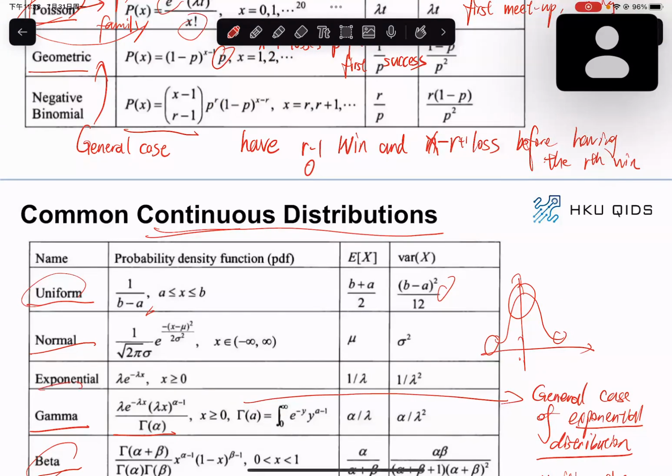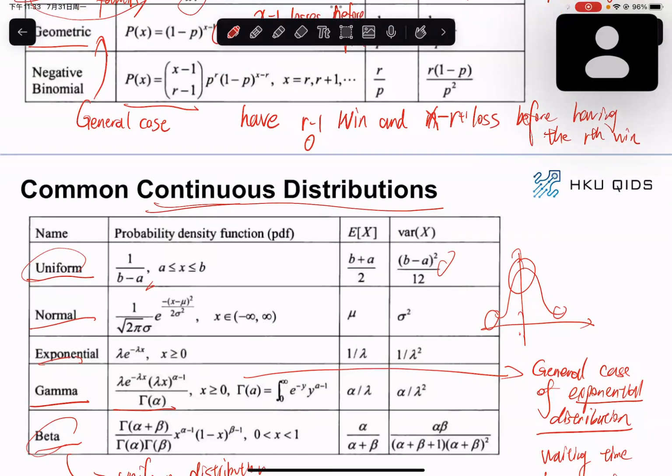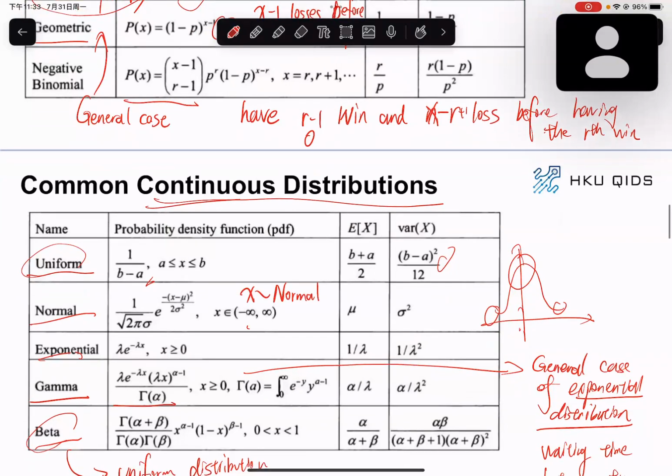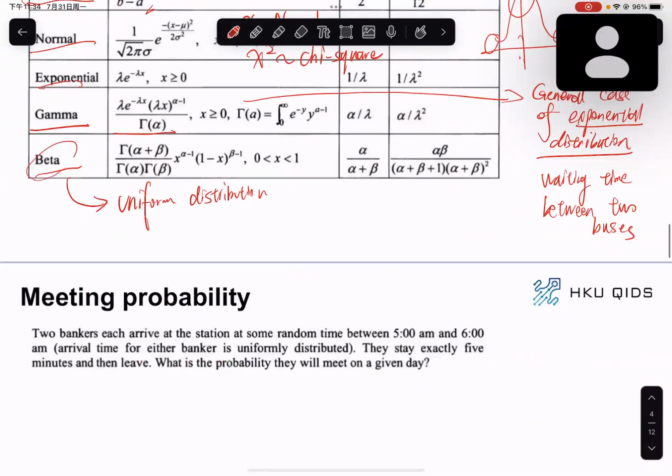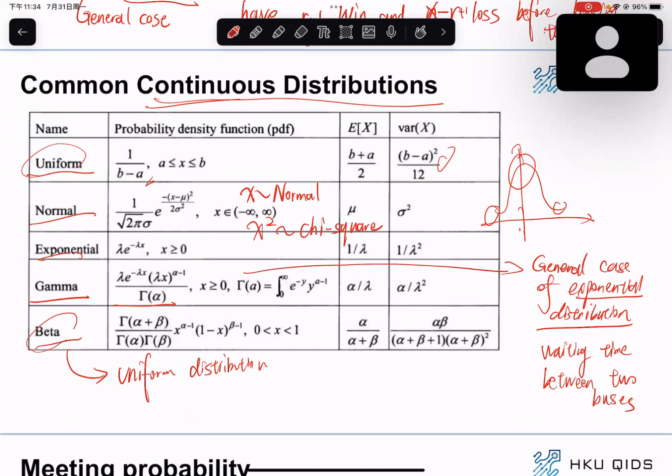And this is exponential, I just mentioned. And how about if x follows normal? Then x squared will follow what? Will follow chi squared, okay? And basically that's all the distributions you are going to meet in your undergraduate courses and for your master courses, I believe.